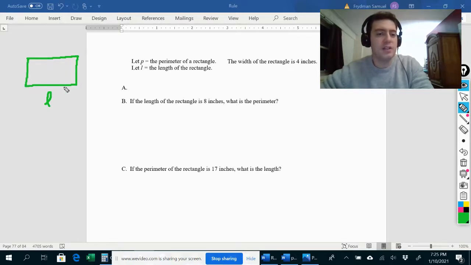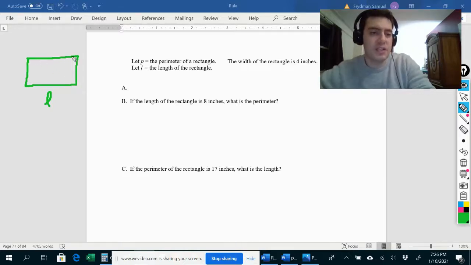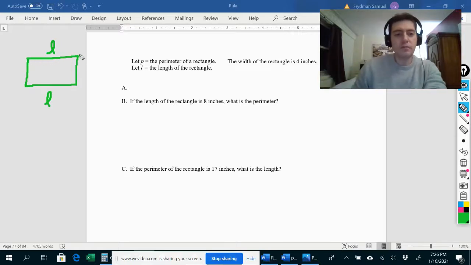So the length of the rectangle is L. So from here to here is L. Now we don't know what L is. L might be 5 inches, L might be 20 inches, we don't know, but we're just going to call it L right now, which means that whatever this side is, this side would be the same thing. So if this was 20 inches long, then this would also be 20 inches long.